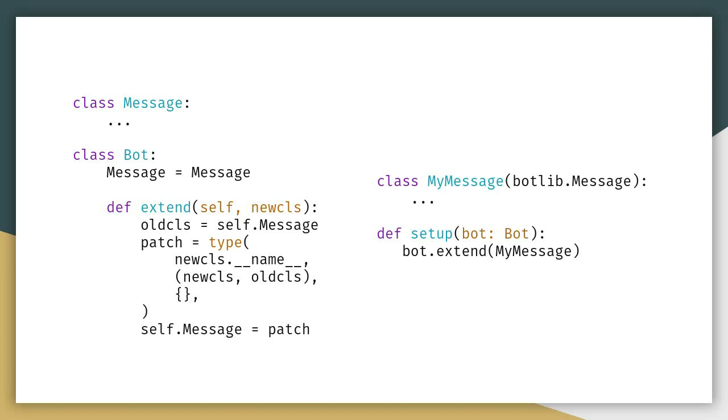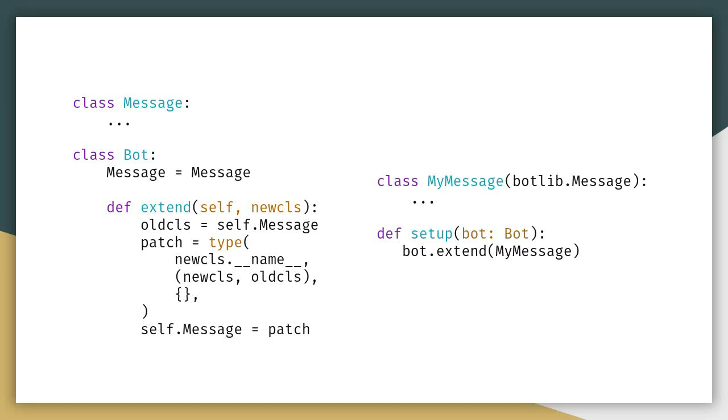This is a snippet from a 2011 IRC bot. It had a thing of plugins, and I was implementing ways to extend this message class. So I wrote a method that takes the class and just stacks it on top. And you're like, why do you need to do this? Can't you just substitute it? Well, this is how you do it if you want like 4 or 5 extension mixins, and you don't really know what they are when you're writing the code, and it depends on which plugins actually load.